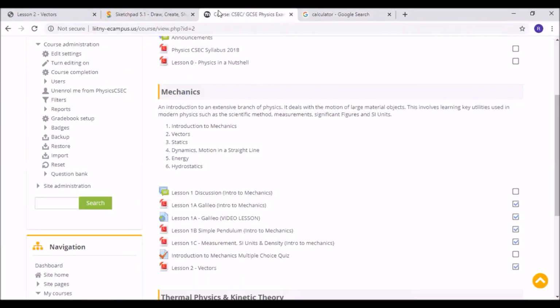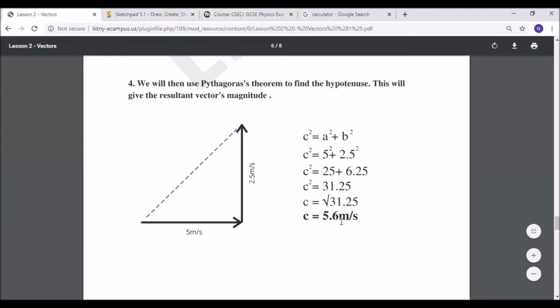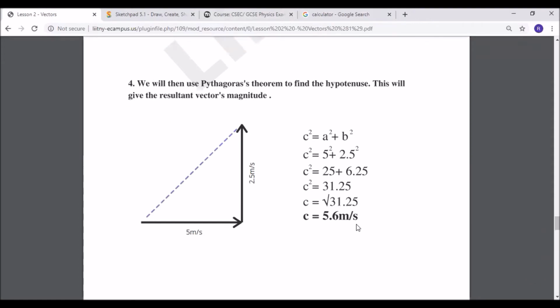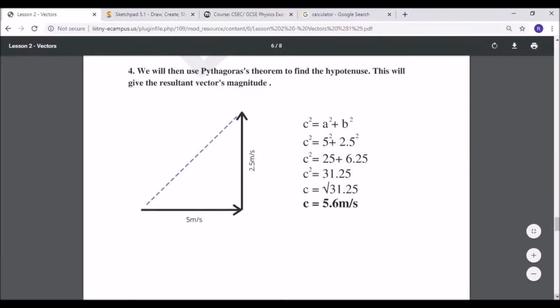So we'll round that to 5.6. And there we have 5.6 as the answer for C. So that 5.6 meters per second would be the magnitude of the velocity of the resultant vector. But vectors have magnitude and direction, so we are not quite done yet.